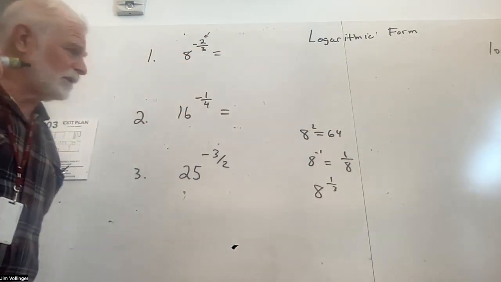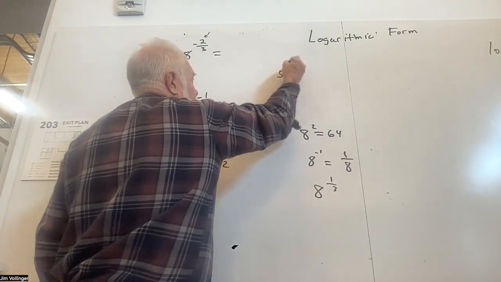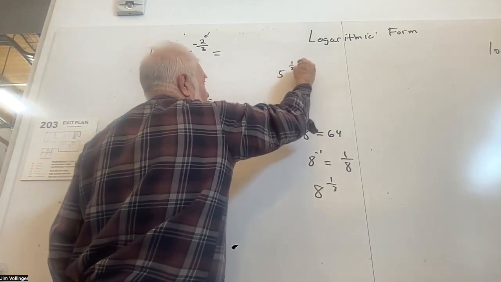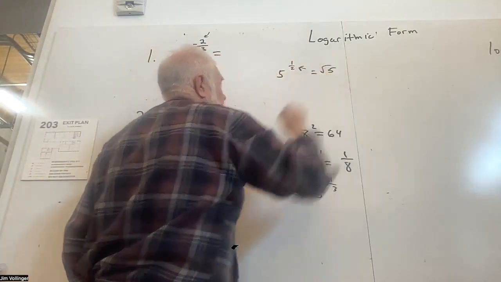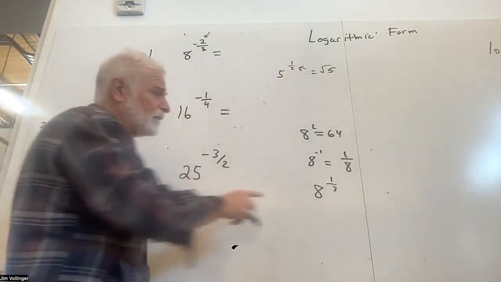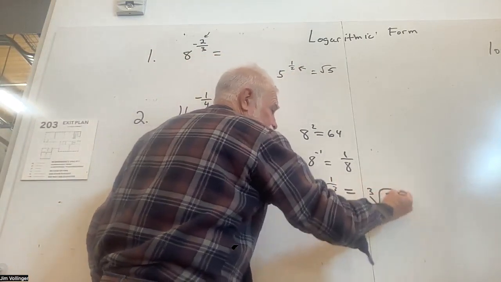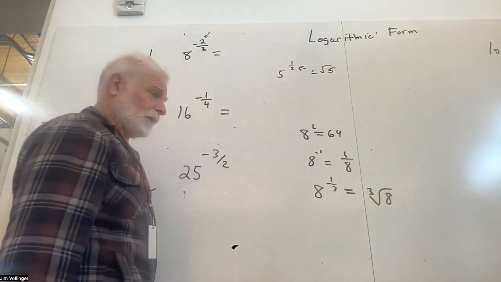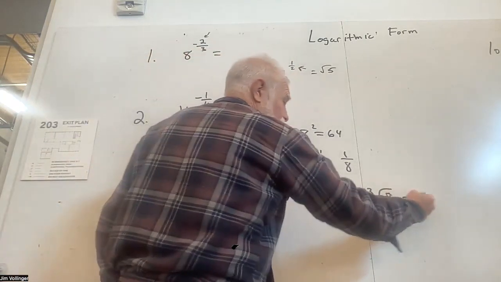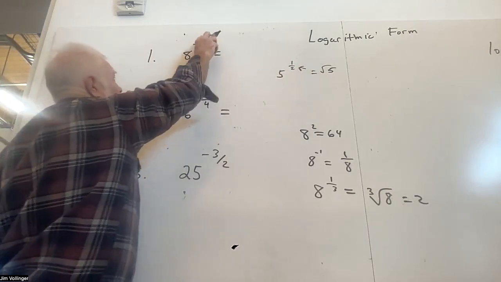Well, from what we just talked about before, when we had 5 to the 1/2, that 2 meant the square root of 5. That's the operation that you're asked to perform. So what happens if it's a 3? Well, I hope you're saying it's the cube root of 8. Okay, so what's the cube root of 8? 2.